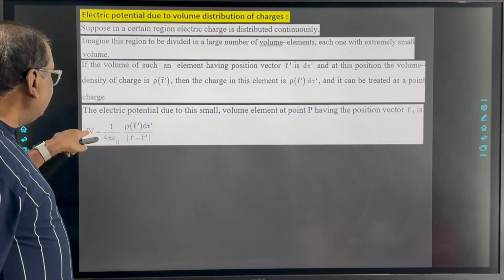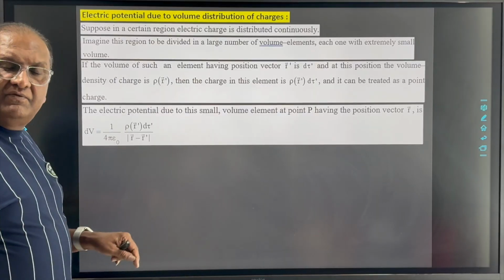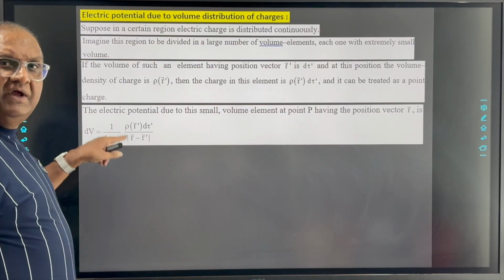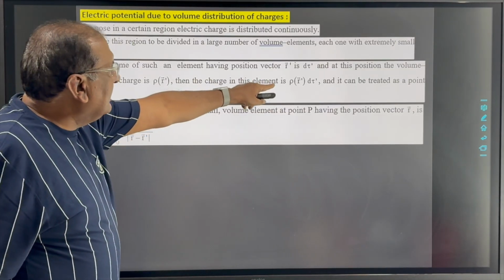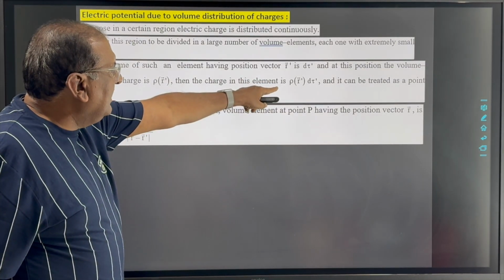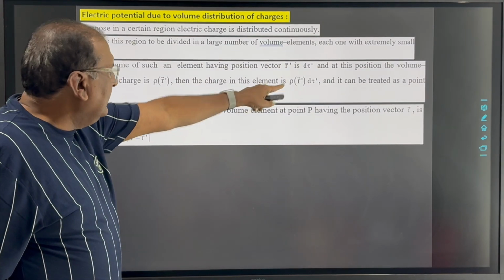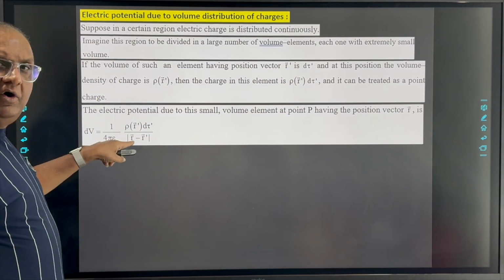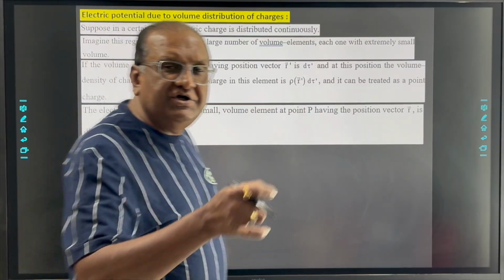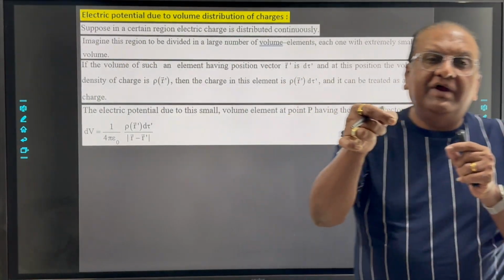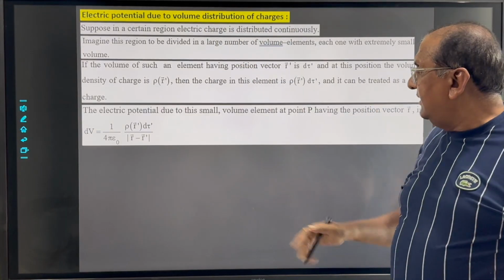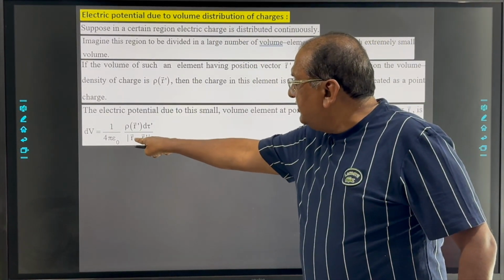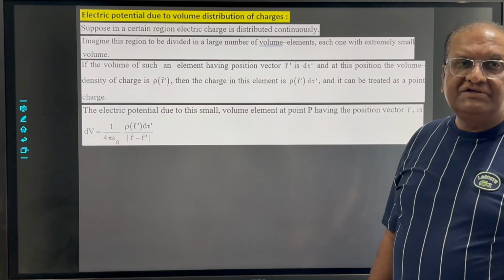We can write the potential dV as 1 upon 4 pi epsilon 0 Q upon R, where Q is the charge in that small element, rho at r dash d tau dash, upon the position of that point with respect to that volume element, that is magnitude R minus R dash.